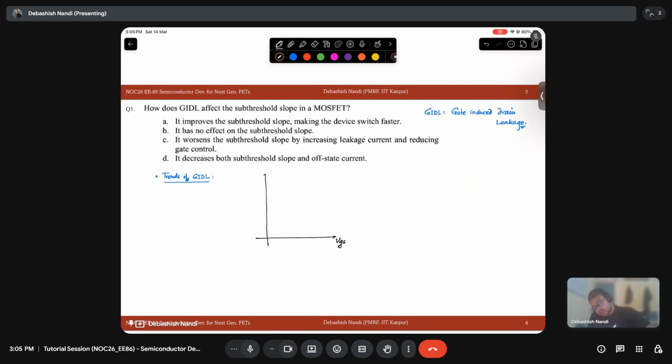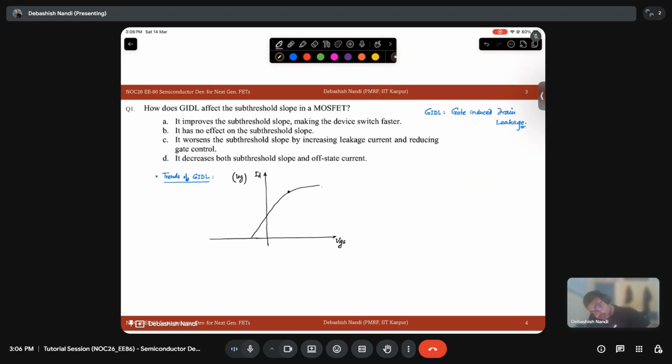This is VGS, this is ID, log scale. Okay, let me just draw. This is how your normal ID-VG looks like in log scale.